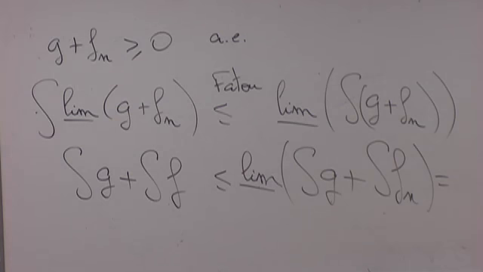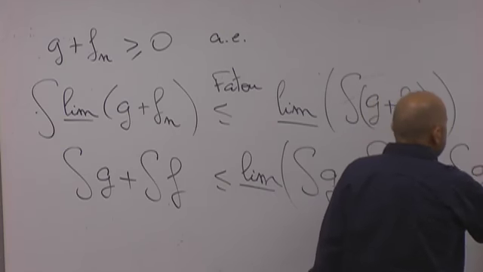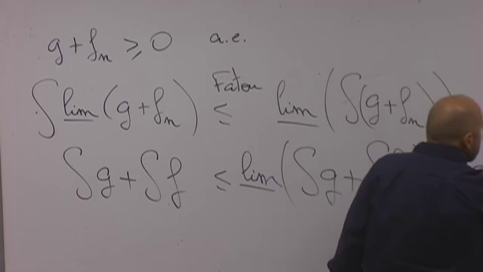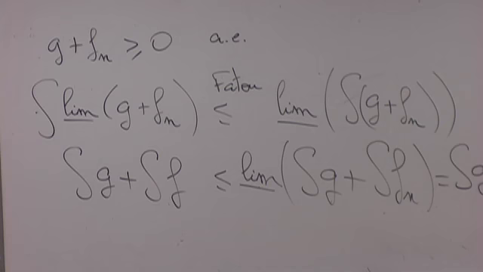Now what is the lim inf of the integral of g plus the integral of Fn equal to? I have a constant plus a sequence. What's the lim inf equal to? Well, this is something we haven't proved, but we can, and it's equal to the constant plus the lim inf. Not very difficult to believe, and not very difficult to prove.